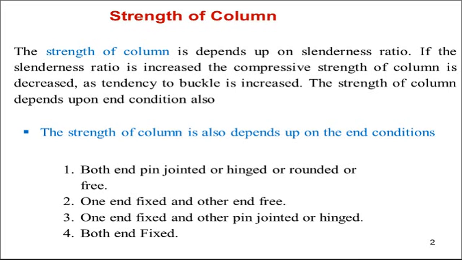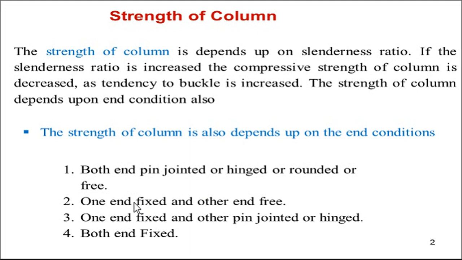So the first end condition is both ends pin jointed, or hinged, or rounded, or free. If both the ends are pin jointed or hinge jointed, this end condition also affects the strength.